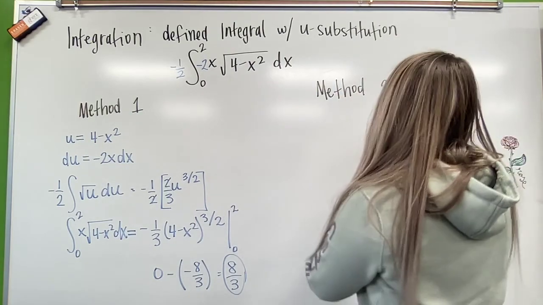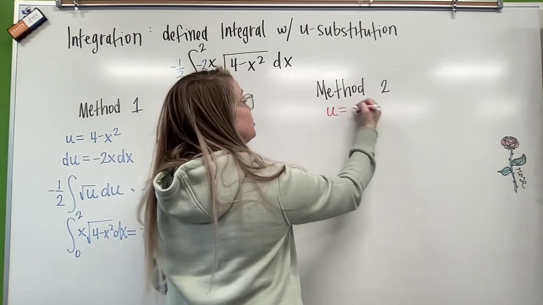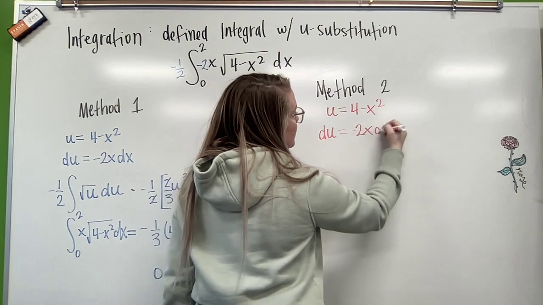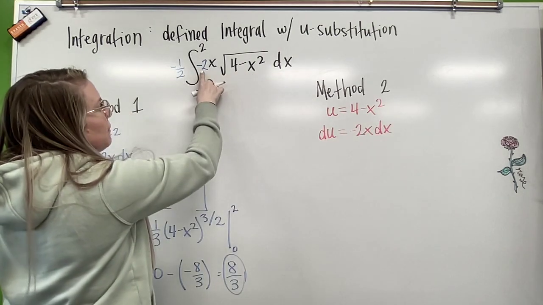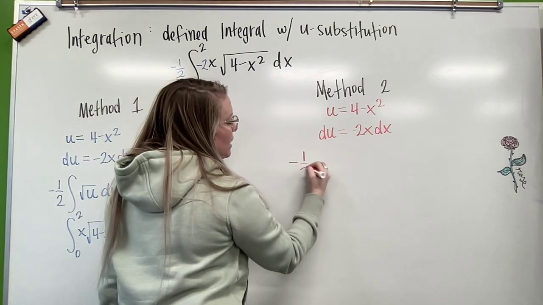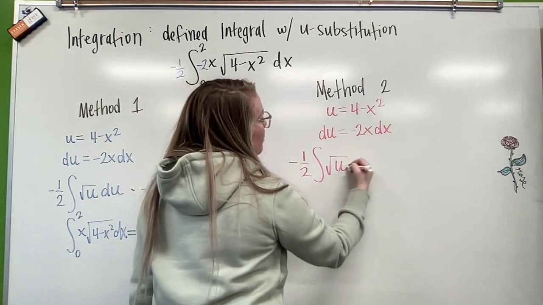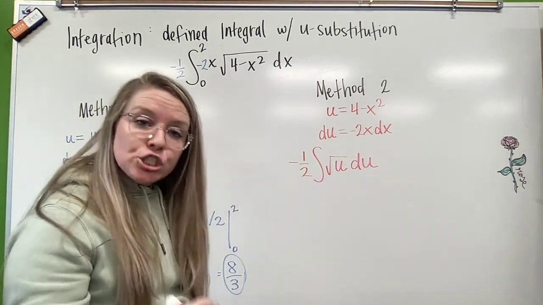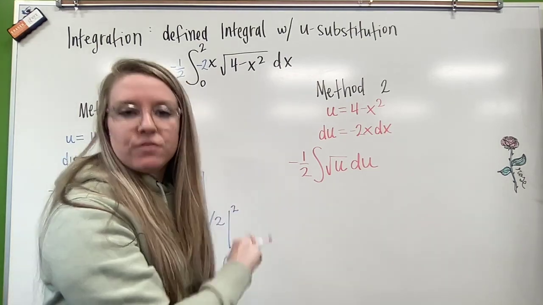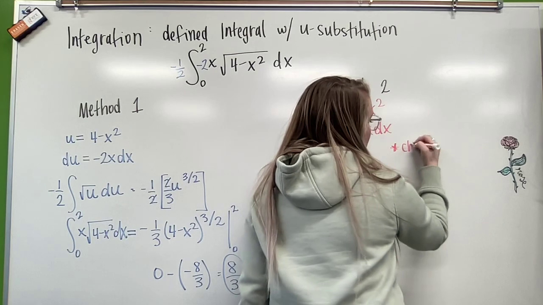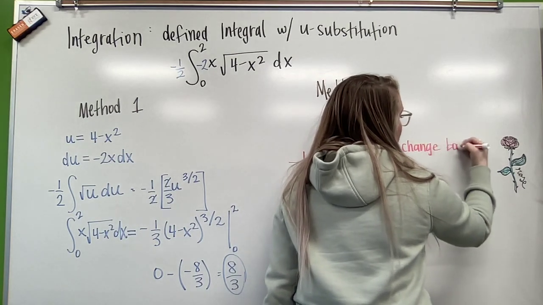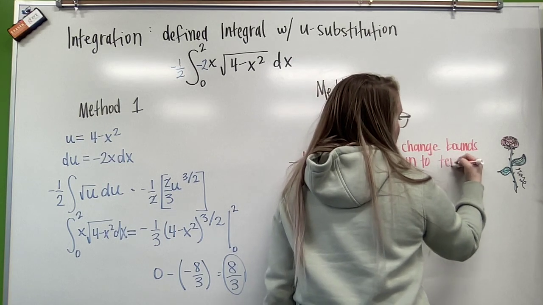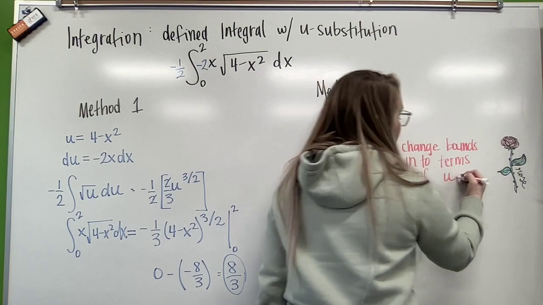Watch what happens. So, again, u substitution, 4 minus x squared, du is negative 2x dx. So I'm going to multiply by negative 2, balance here. So I'm going to have negative 1/2 the integral of the square root of u du. And what I'm going to do here is change my bounds so they're in terms of u.